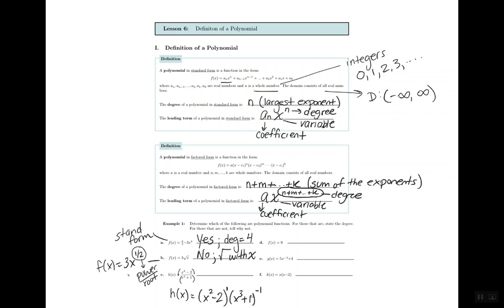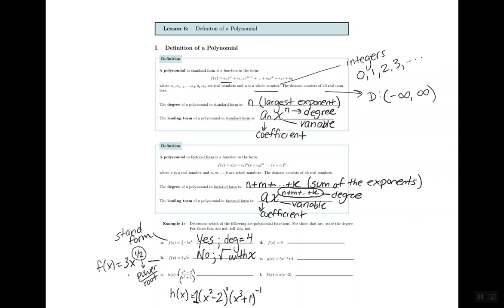Now h of x can be compared to a polynomial in factored form, so we can determine whether this is in fact a polynomial or not. We see sets of parentheses being multiplied together. Each one of those sets of parentheses has an exponent on it. That number a up front, since again it's not given to us, we could understand that that number up front could be written as 1.